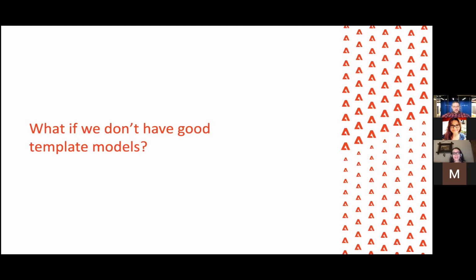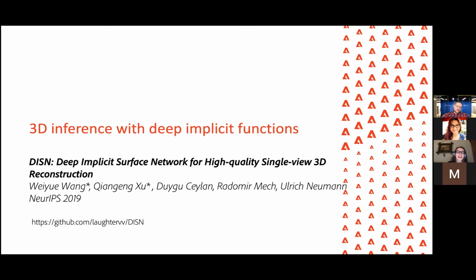For a skirt, it's going to be a different set of garment patterns. So it was really a model-based approach. But of course, it's not easy to come up with these template models in the general case. So now I would like to introduce you to another recent work where we looked at the 3D reconstruction task from a more general perspective.